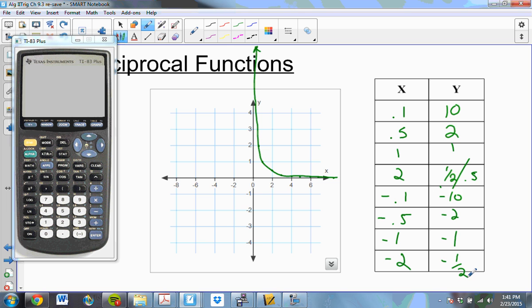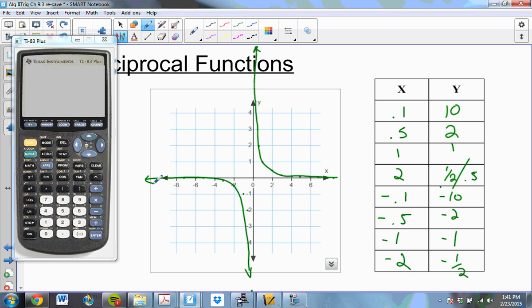I think it's going to go on like that forever. Negative 0.5, negative 2 is going to be here, then here, then here, and so on. You get the idea again. It's going to go like this. I didn't graph this one super well, but you hopefully get the idea.